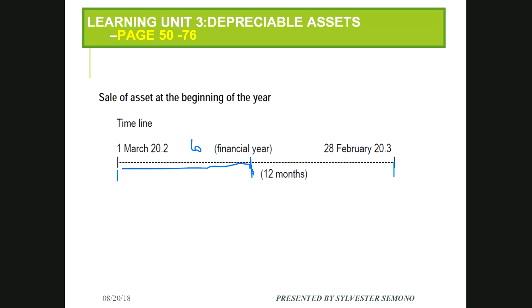Because from here to there, let me just highlight quickly. From this space, let me change the color, guys. Remember, technology is a challenge. From here to there, the asset was not there. Does that make sense? Yes, that makes sense. So the depreciation that we're going to record will be only 6 months for that asset.